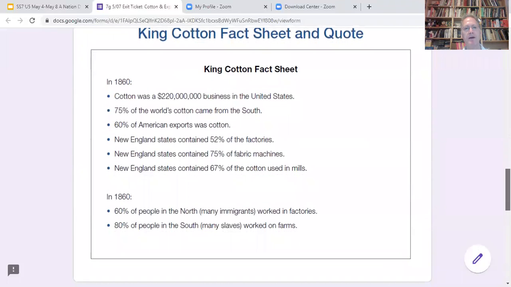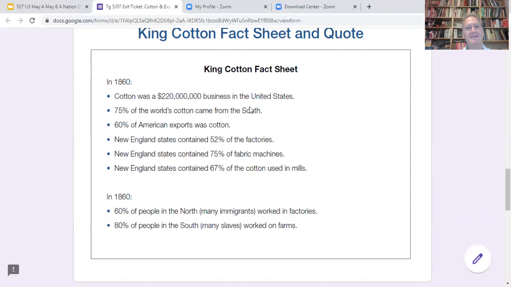And then here we have a King Cotton fact sheet. Just take in these numbers. These are very remarkable. By 1860, 75% of the world's cotton, the raw cotton, came from the South. That means that Americans of African descent who were enslaved grew 75% of the world's cotton.